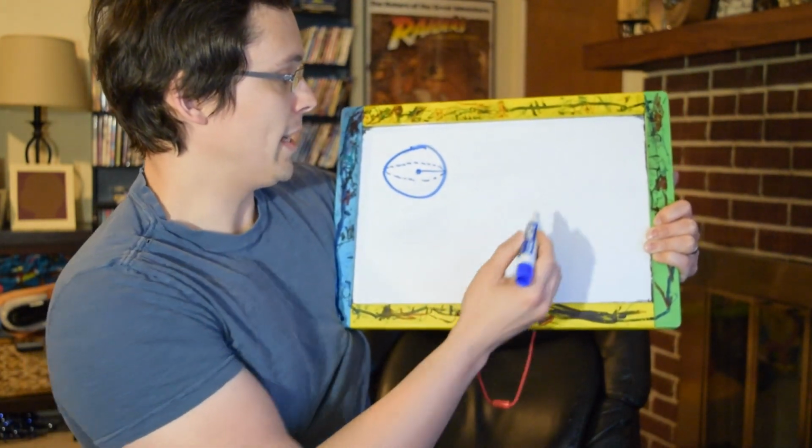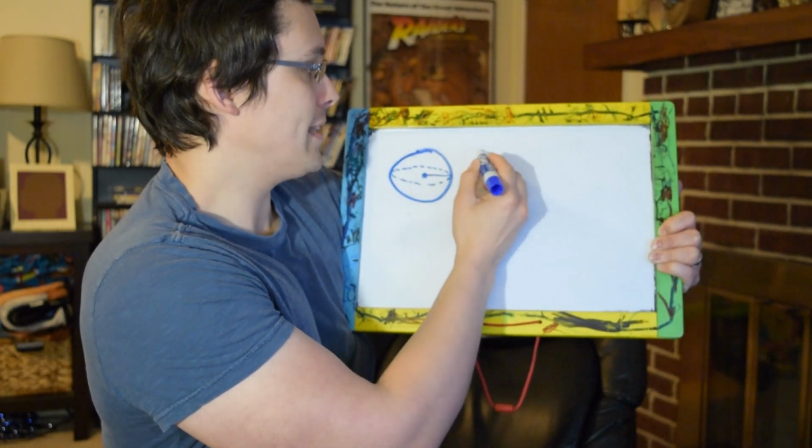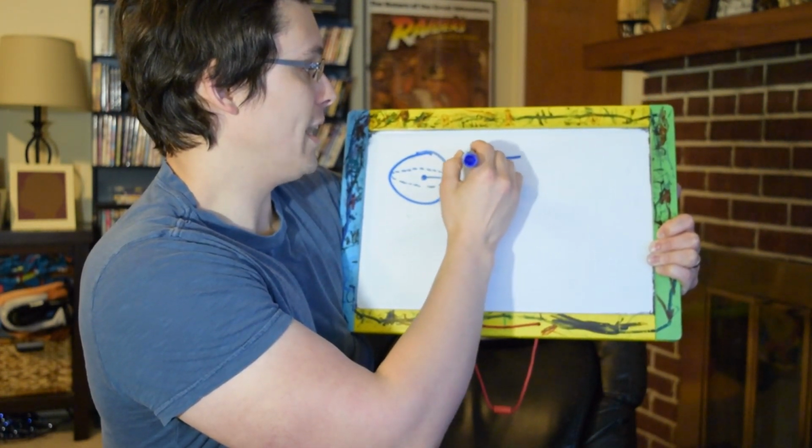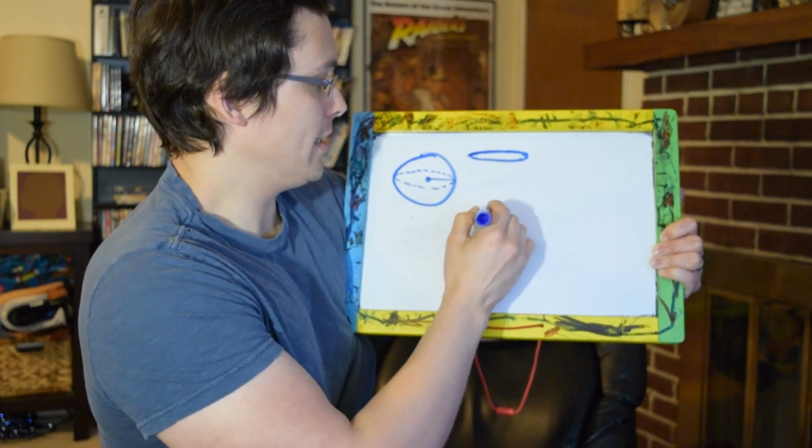And now let's imagine that we had a cylinder that was exactly the same height. So we have a cylinder that is exactly the same height.